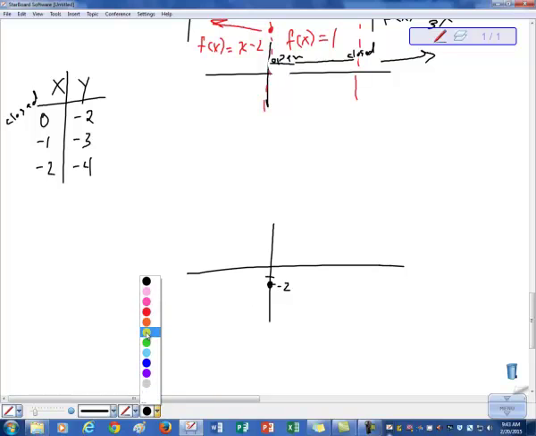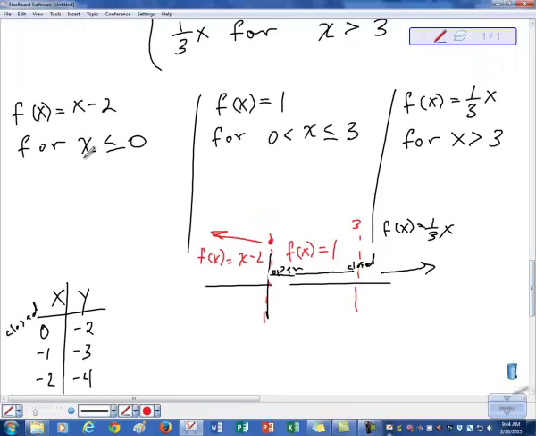And we'll use red for that. And then -1, -3, and then -2, -4. So because it's less than 0 and there's nothing restricting beyond that, you get an arrow.